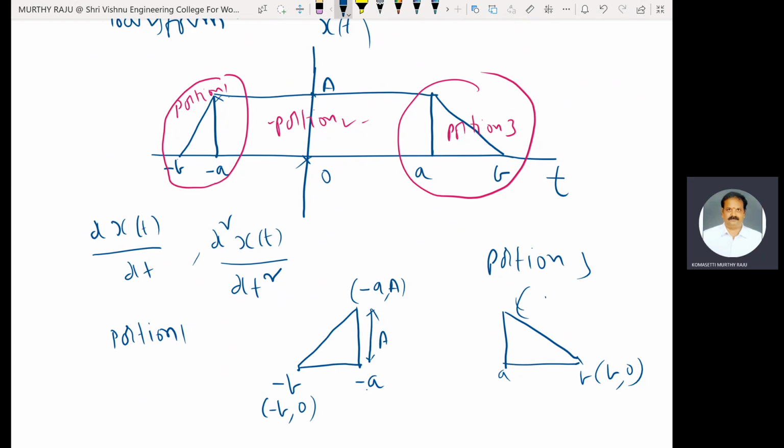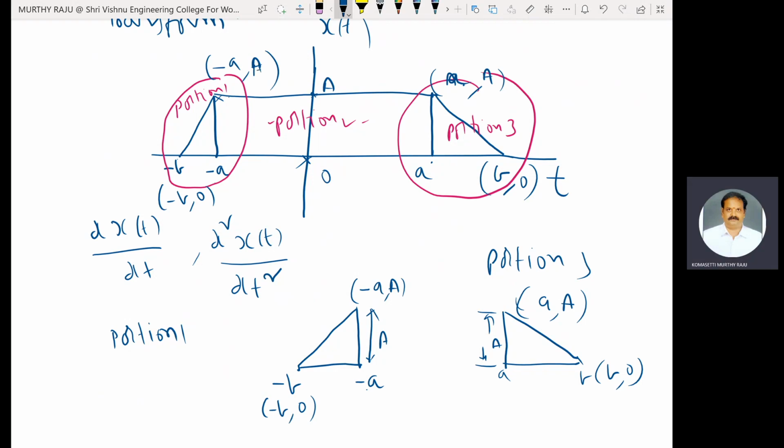Here the x coordinate is a and the y coordinate is capital A. So the points are minus b comma 0, minus a comma A, a comma A, and b comma 0.